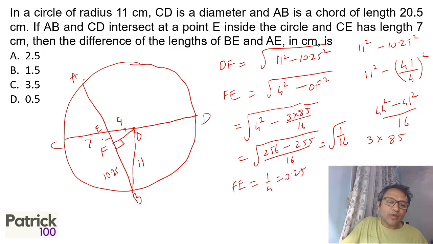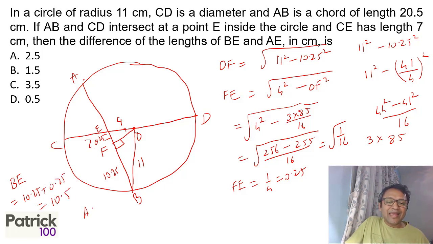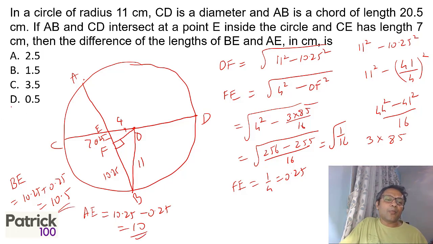So with this value as 0.25, we know BE is 10.25 plus 0.25, which is 10.5, and AE is 10.25 minus 0.25, which is 10. So the difference becomes 0.5 in the options, 10.5 minus 10.